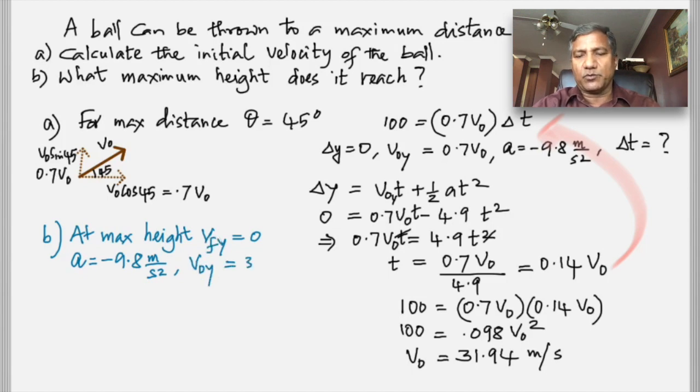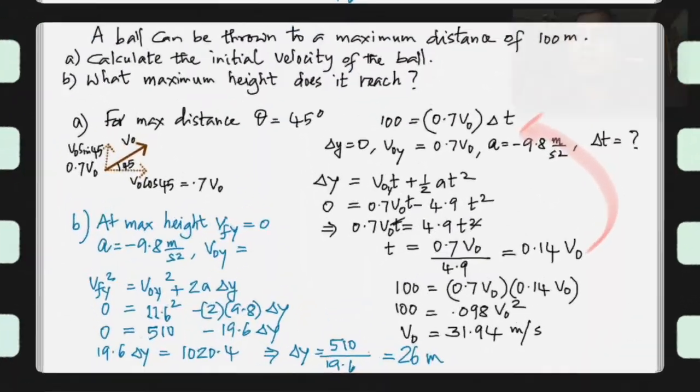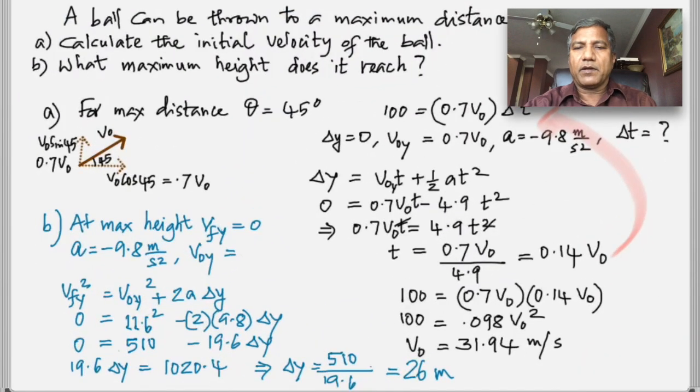Initial velocity, we already found it, it's 31.94. Hold on a minute. I had made a mistake, so I had to correct it. Voy is not 31.94. It's, remember, 0.7 times 31.94, which actually gives 22.6.